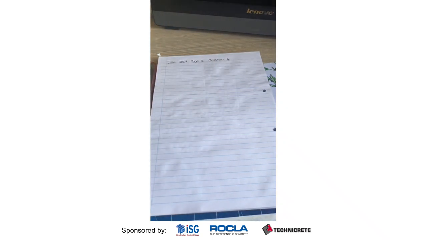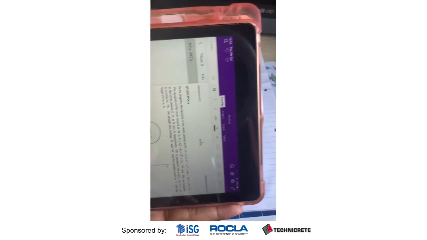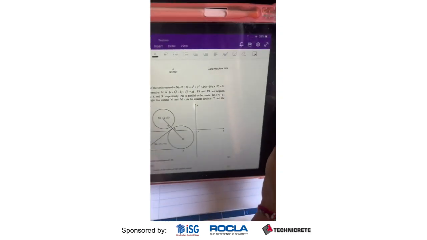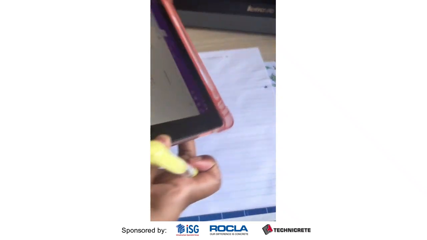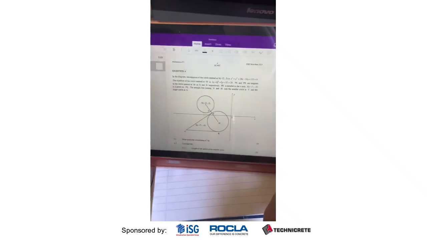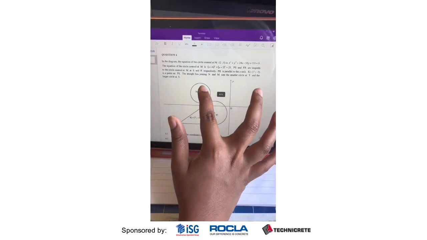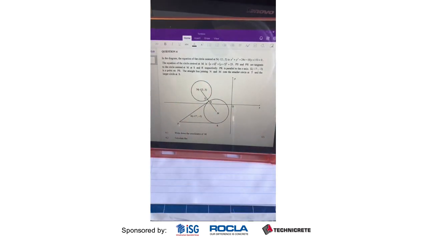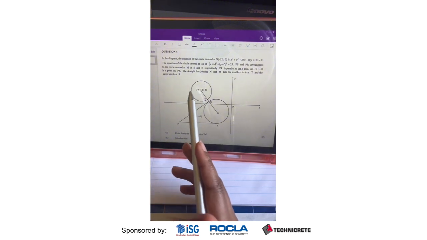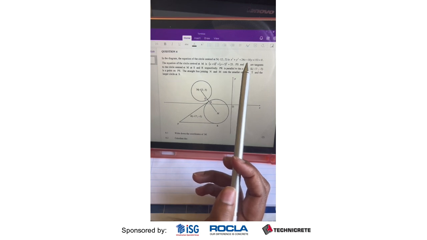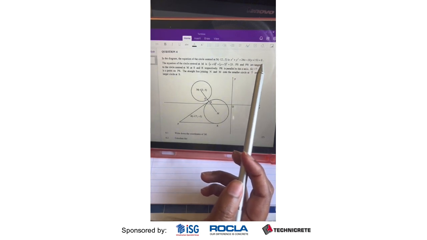Okay, so the very first question that we have here, I'm going to display it now. It says, in the diagram, the equation of the circle centered at N is x squared plus y squared plus 24x minus 10y plus 153 is equal to 0.